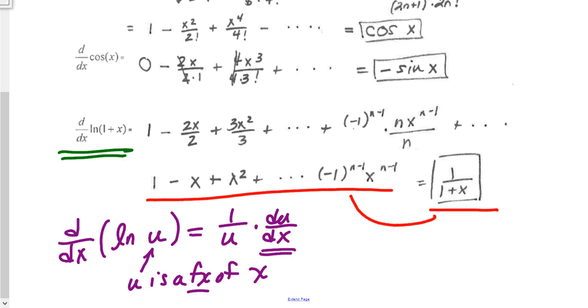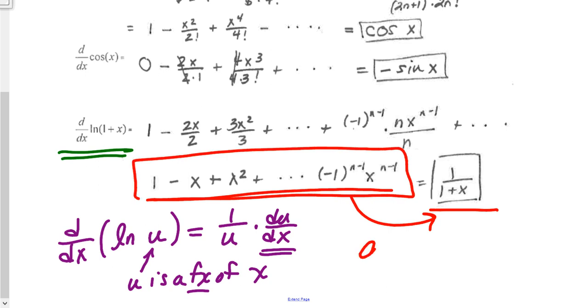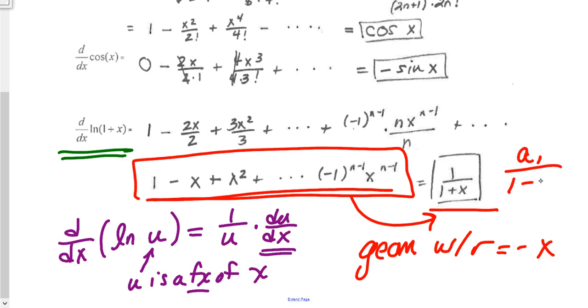This is because the series that I just put a box around is geometric with my constant ratio of negative x, right? I'm thinking again of this formula. Okay, and if your ratio is negative x, you're going to end up with 1 minus negative x, which is 1 plus x. Okay?